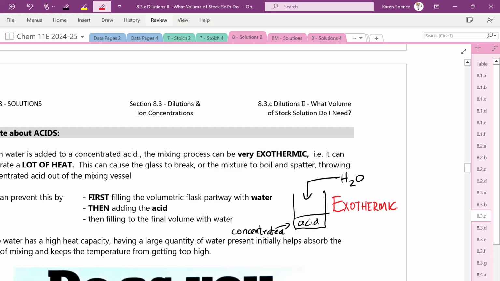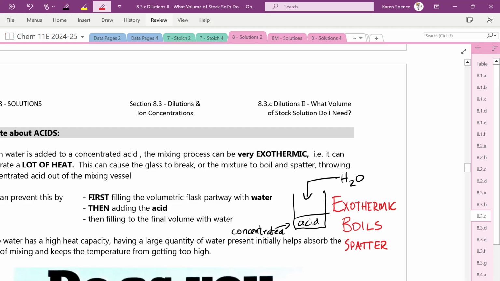And what happens to water when you heat it a lot? It evaporates. Not only does it evaporate, but it expands and boils. And what do things do when they boil? They spatter. Now, can you imagine if we had a concentrated acid and we added water to it and it spattered? How safe does that sound? Not very, because now we've got concentrated acid hither and yon.